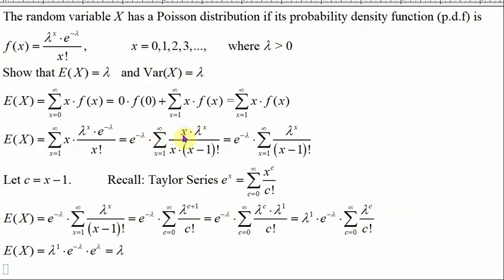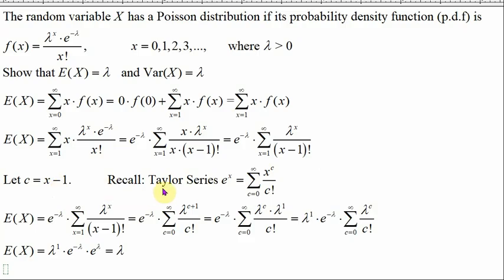And then this x and this x will cancel each other out. And then what's left is just lambda to the x divided by x minus 1 factorial. And now let c be x minus 1.